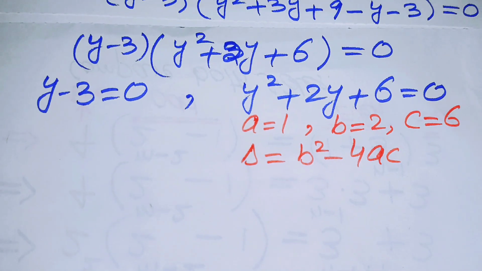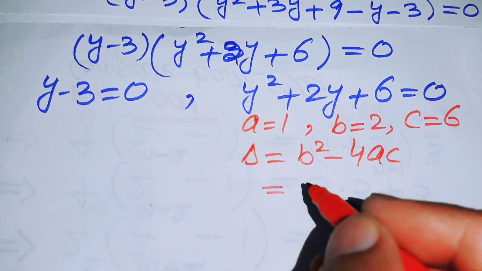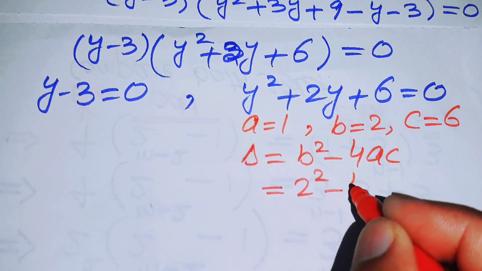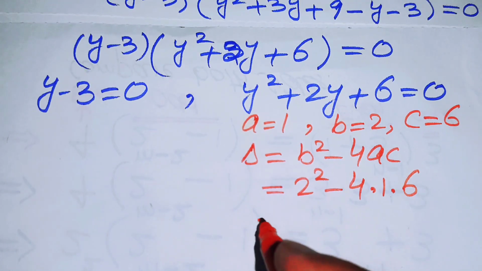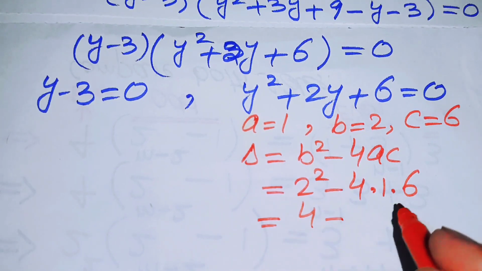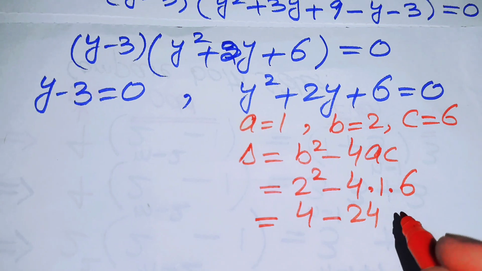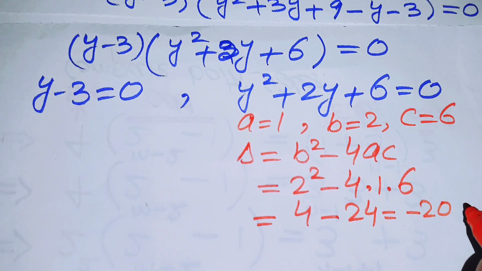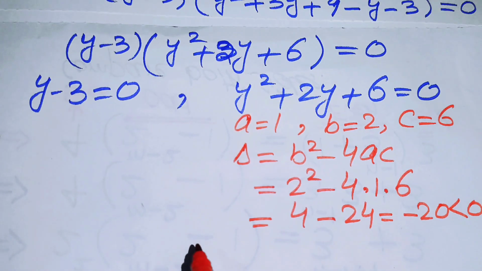And now we can put the values of a, b and c in this delta, and you check the behavior of this delta. So here you have 2² - 4 times a is 1, c is 6. So here you have 4 - 24, because 4 times 6 is 24, and 4 - 24 is equal to -20. So here you see that our delta is less than 0.